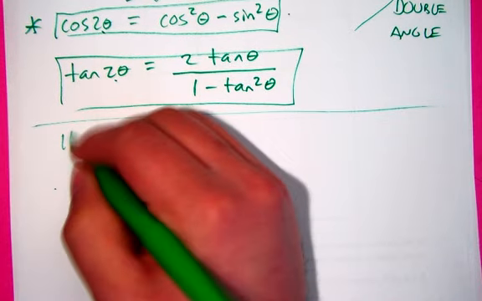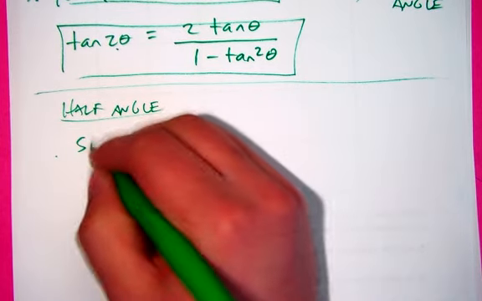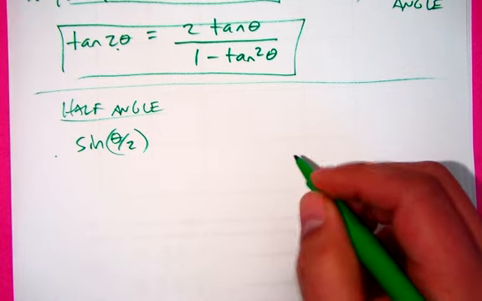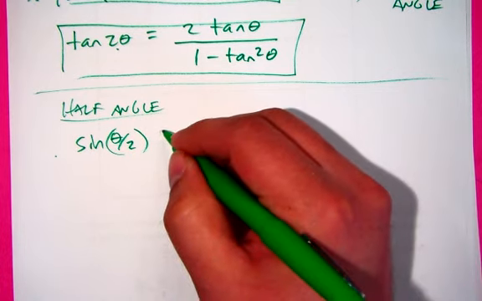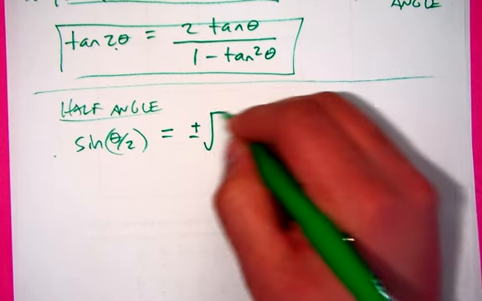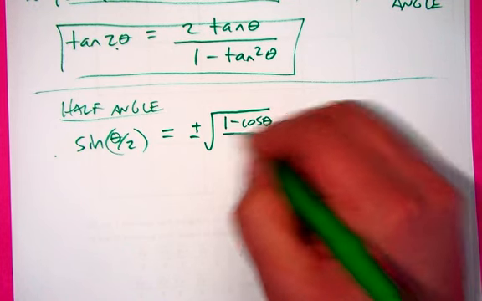Okay. The half angle formulas, so these were double. Half angle looks something like this. Sine of theta over 2 is going to equal plus or minus the square root of 1 minus cosine theta all over 2.